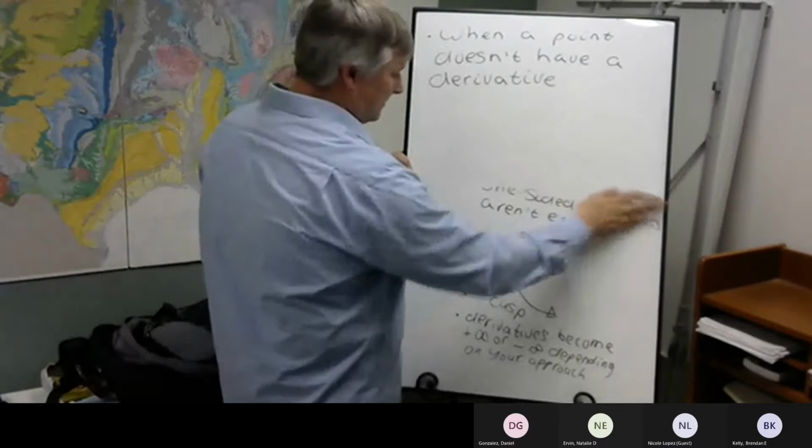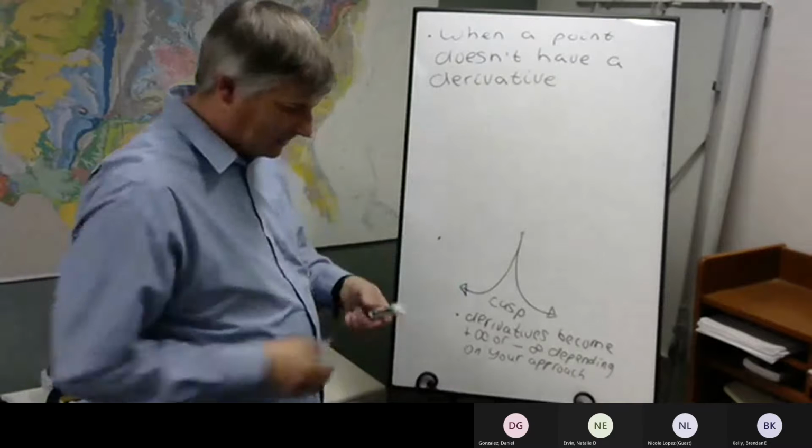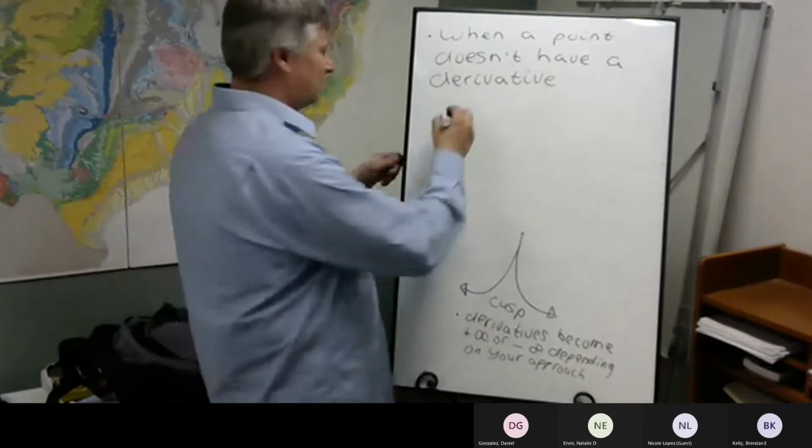Another point where these derivatives fail is where you get vertical tangents.